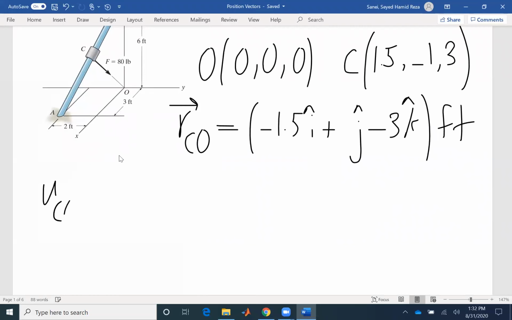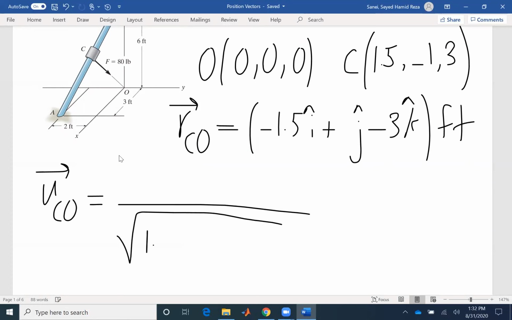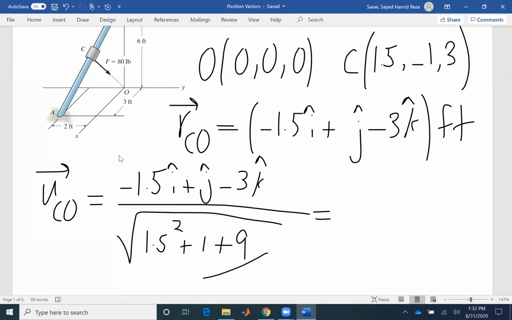u_CO is just the position vector divided by its magnitude. So all of that divided by the square root of 1.5 squared plus 1 plus 9. The result would be 3.5.